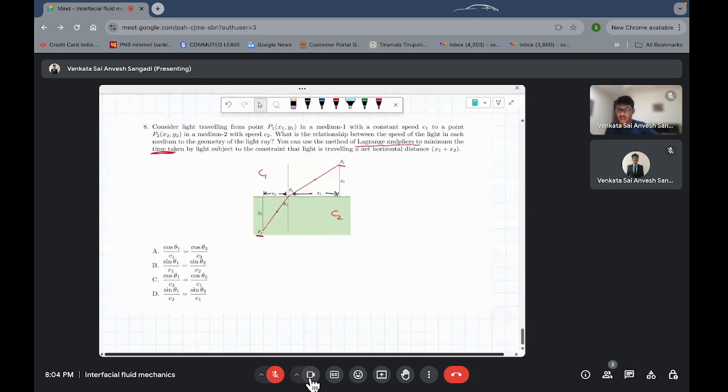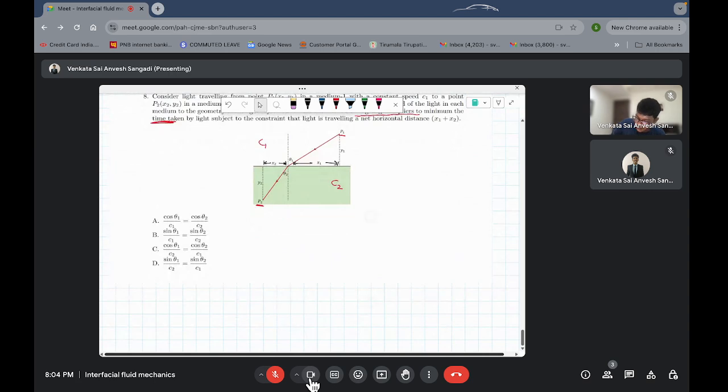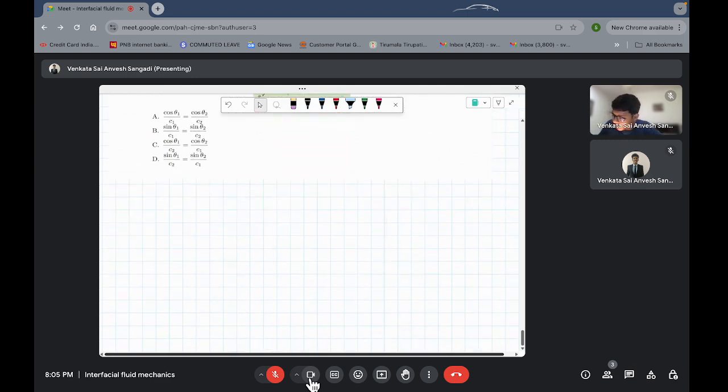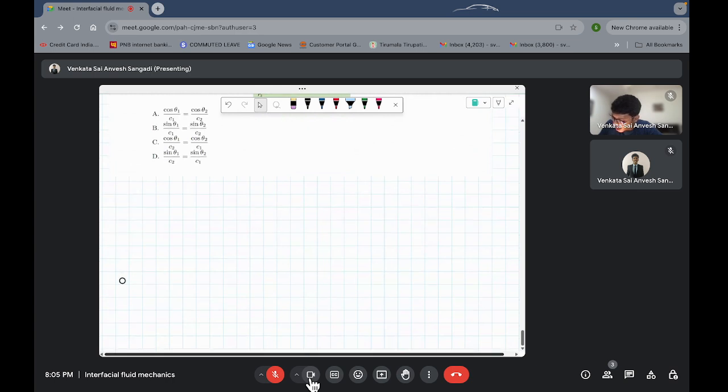So let's see, this is basically Snell's law, as we have all seen. We are asked to derive this using the Lagrange multipliers.